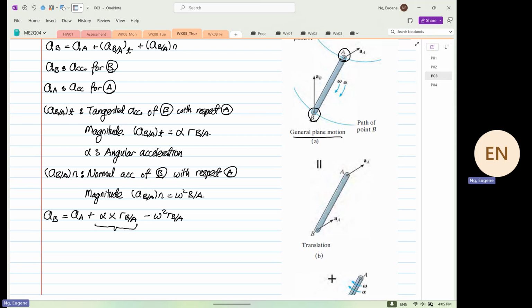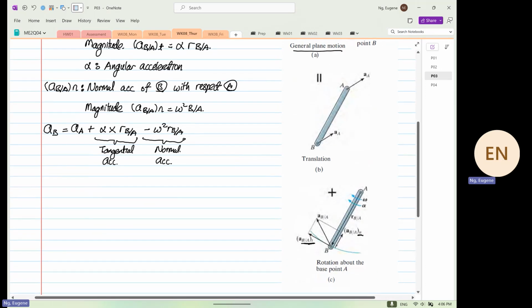For the tangential acceleration. And this term over here, including the minus, is for the normal acceleration. So the normal acceleration, why is it minus? Because it's pointing towards the center.